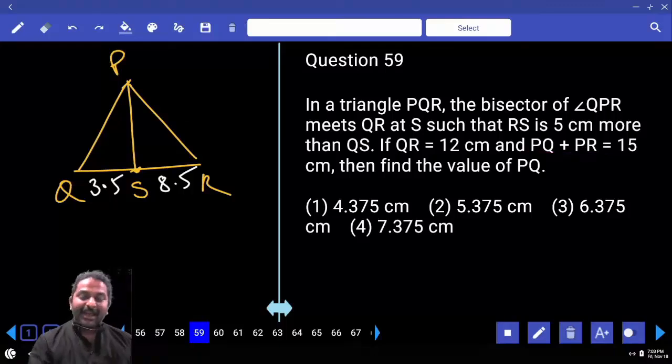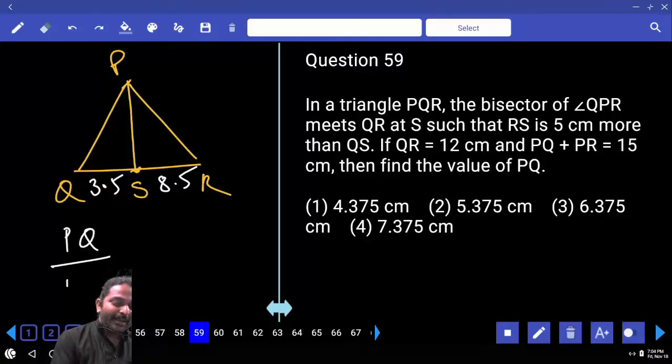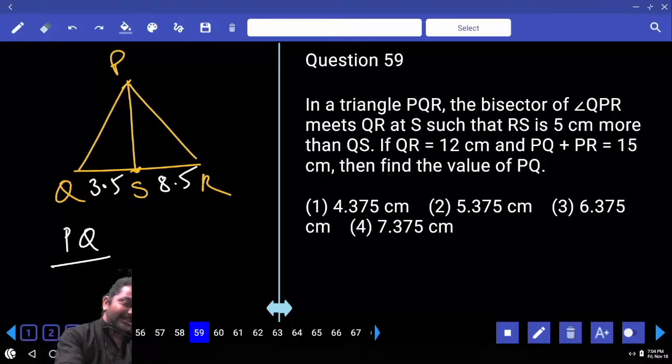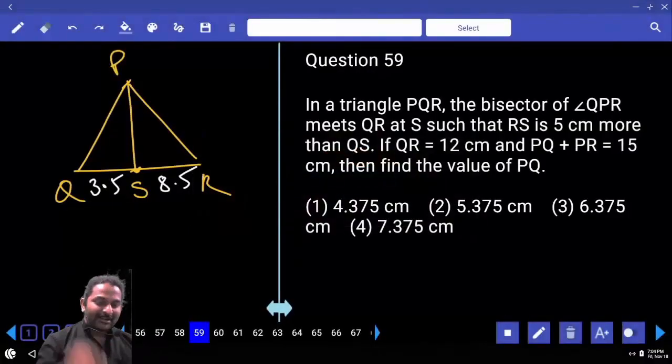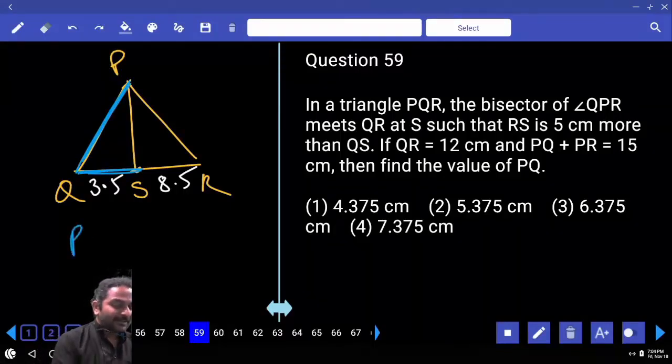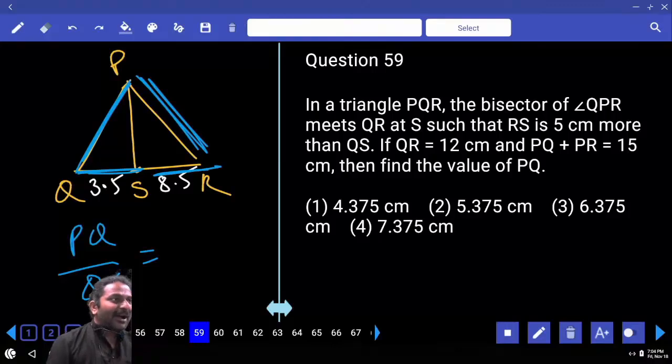Right. So when they are angular bisectors, we can say PQ by PR is equal to QS by SR. Can I also write it as PQ by QS is equal to PR by RS?